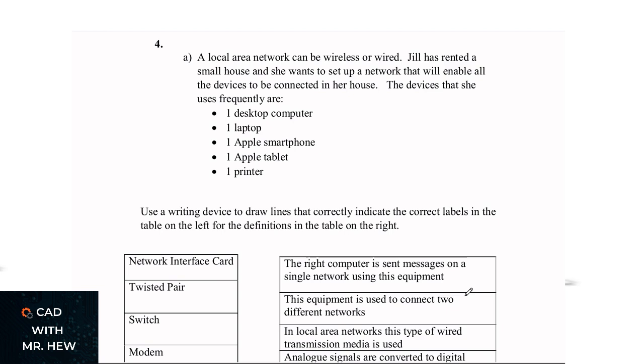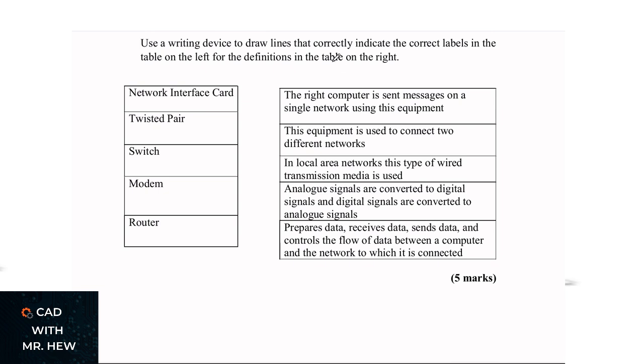The devices that are frequently used are one desktop computer, one laptop, one Apple smartphone, one Apple tablet, and one printer. Okay, so what we're going to do now, we're going to draw lines that indicate the correct labels for the correct definitions on the table on the right.